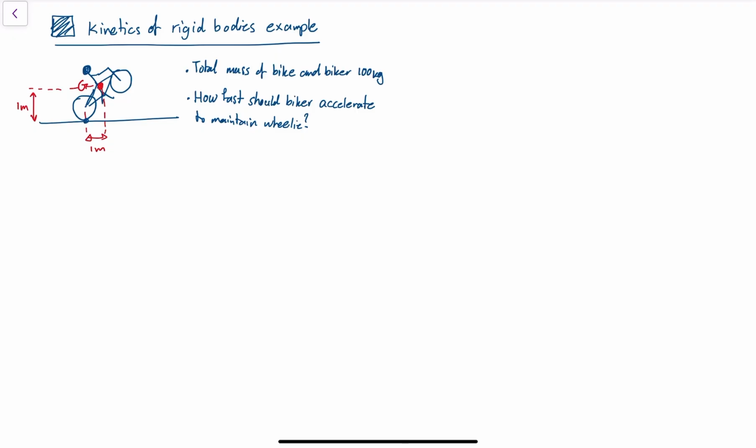The only way you can maintain it is to accelerate fast enough. Essentially, the back wheel pushes you from underneath fast enough with enough force that creates this backward movement that resists the moment of gravity.